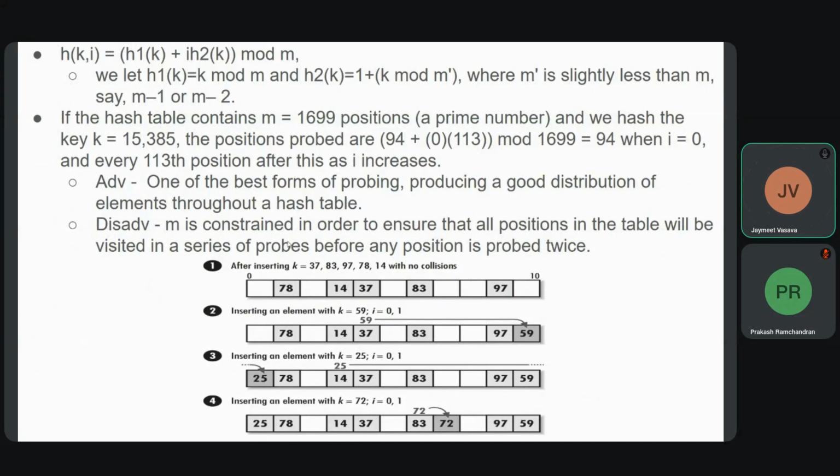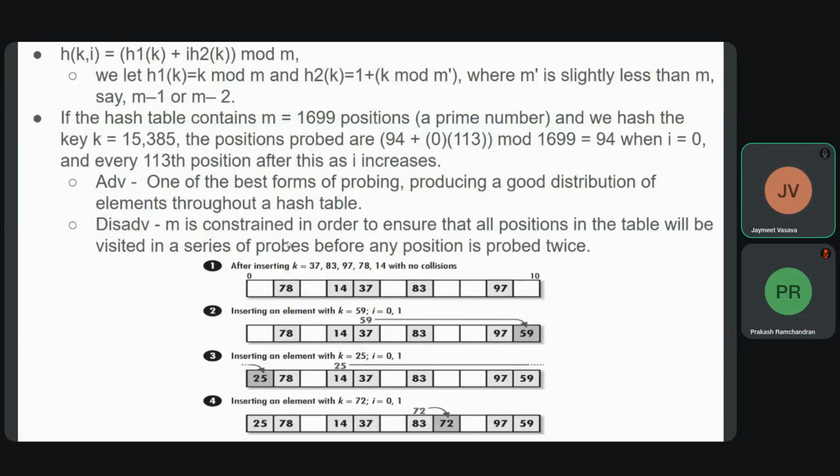The advantage of double hashing is that it is one of the best forms of probing, producing a good distribution of elements throughout the hash table. And the disadvantage is that m is constrained in order to ensure that all the positions in the table will be visited in a series of probes before any position is probed twice. In the image, you can see where first we have inserted the values from 37 to 14 with no collision.